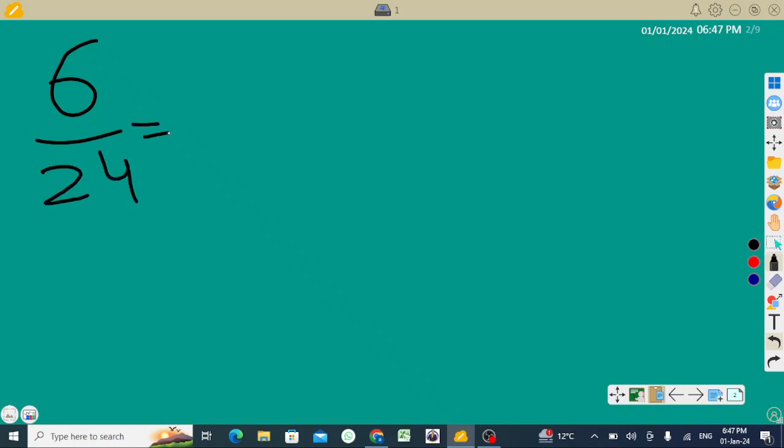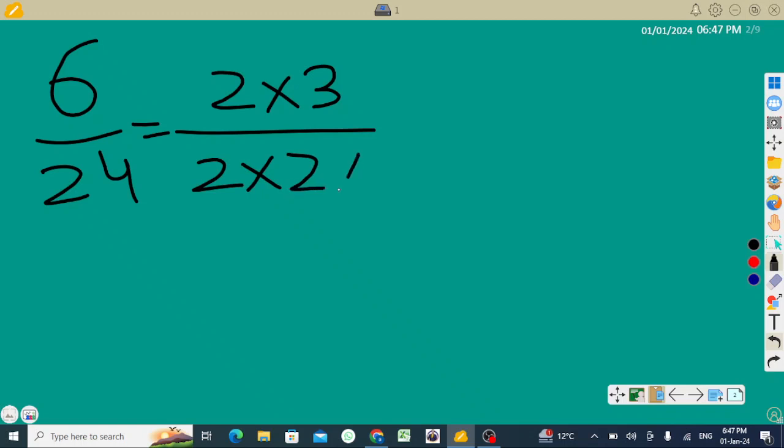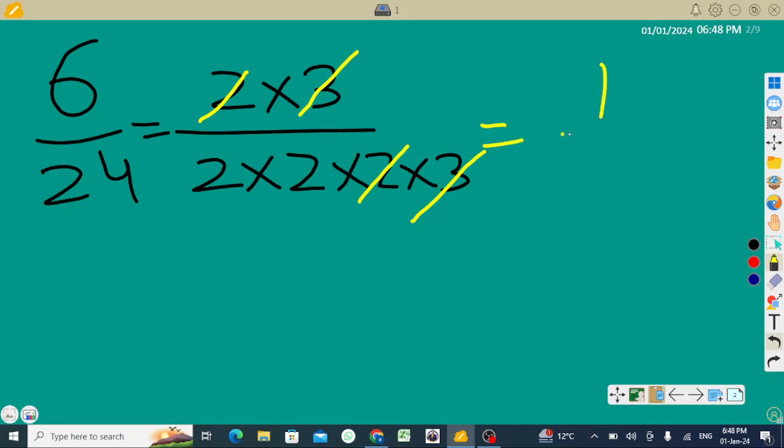If you do its factorization, 6 is 2 times 3, and 24 is 2 times 2 times 2 times 3. Then we cancel out the common factors, 3 and 3, and 2 and 2. So it will be 1 upon 4.